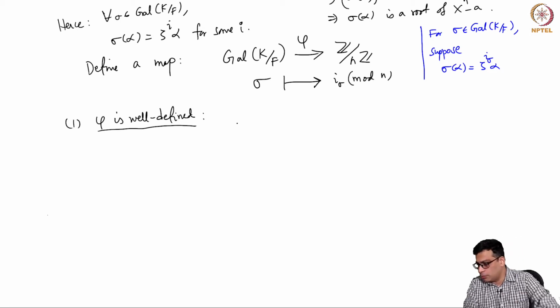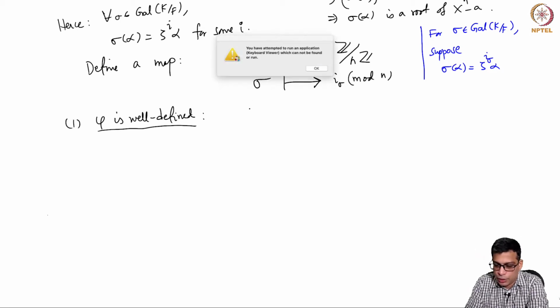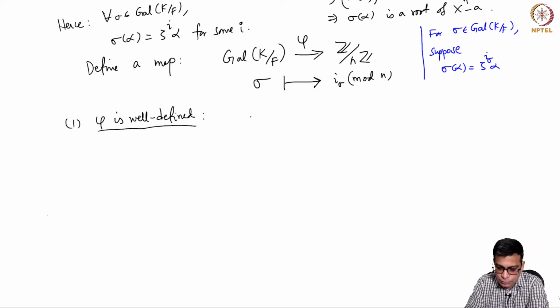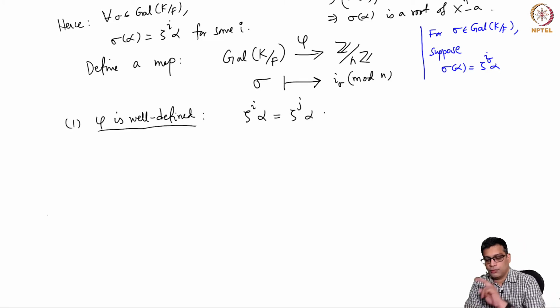The problem might occur if you have zeta^i alpha equal to zeta^j alpha for different i and j, then I will send sigma via phi to either i mod n or j mod n. So, I need to know that i and j are the same mod n.